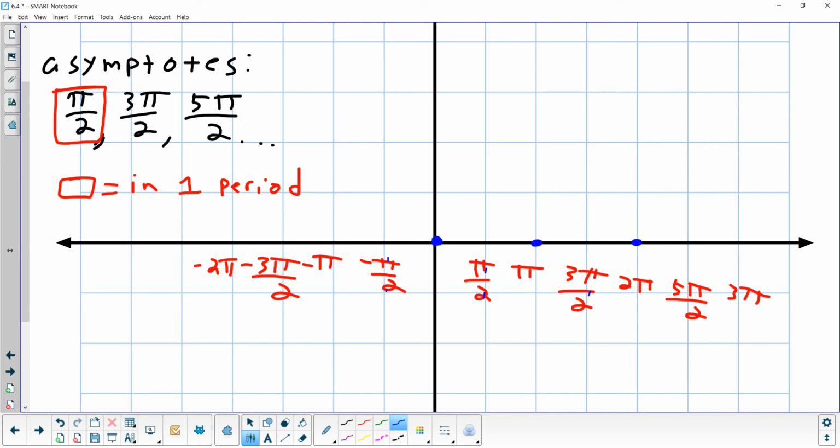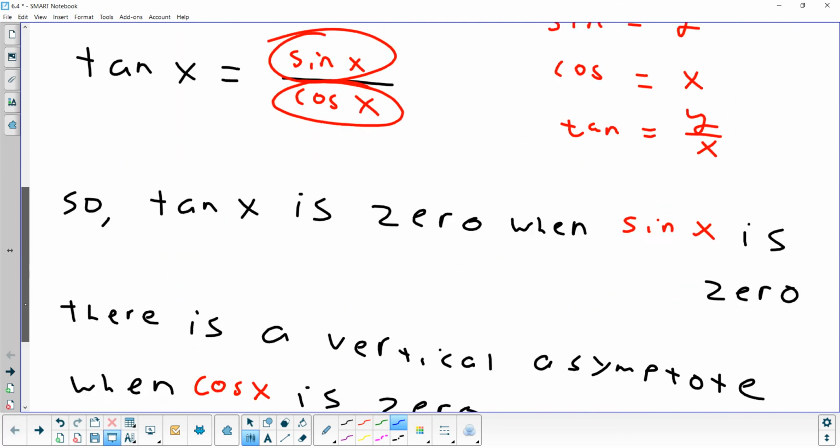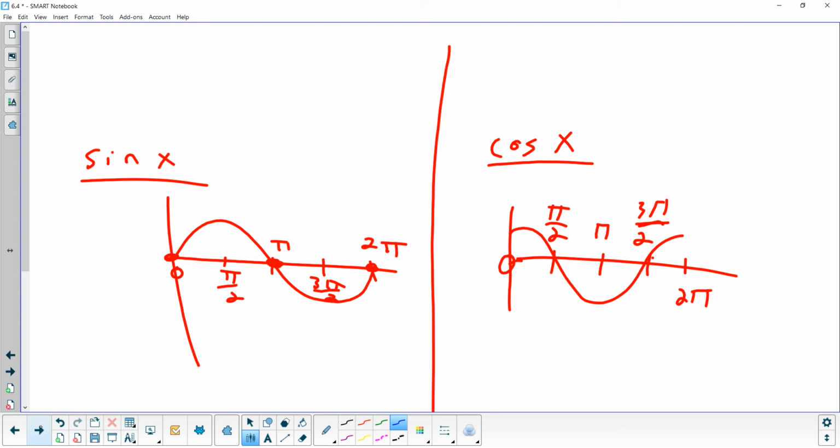So my graph of tangent is going to go right through all 3 of those points. But it's going to be broken up by asymptotes. I'm going to have a vertical asymptote whenever the denominator is 0. So now let's look at cosine, and let's look at where cosine is 0. Can somebody tell me the first spot where cosine is 0?